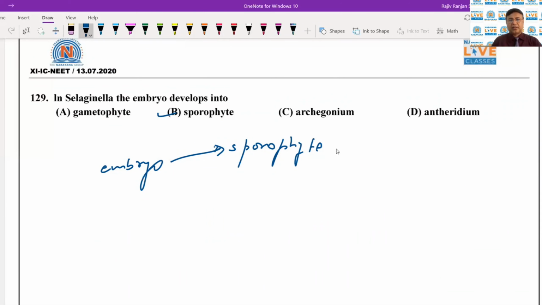Sporophytes produce the sporangia in the sporophylls on the strobilus.